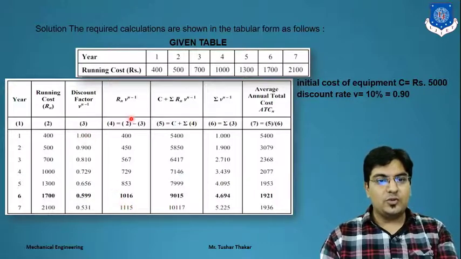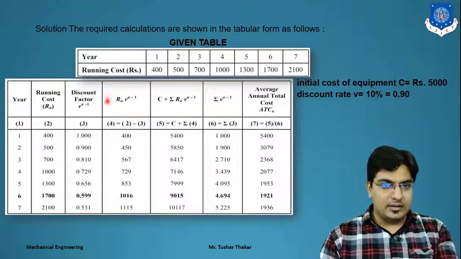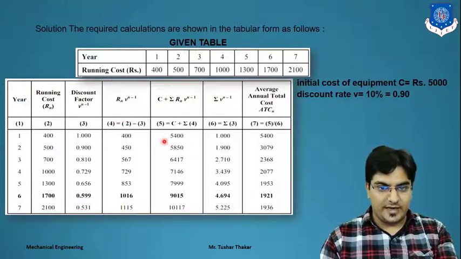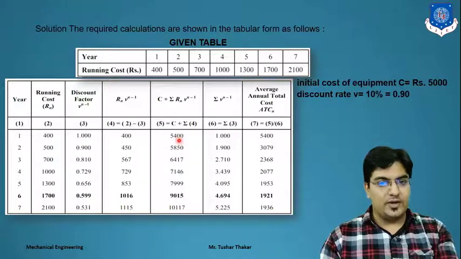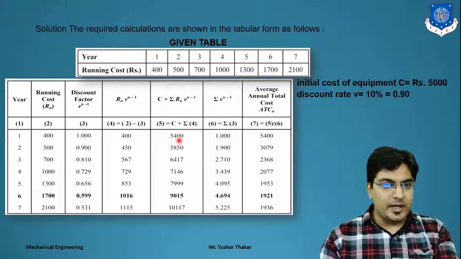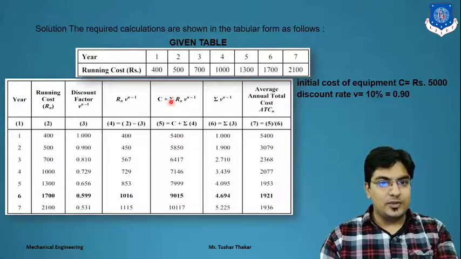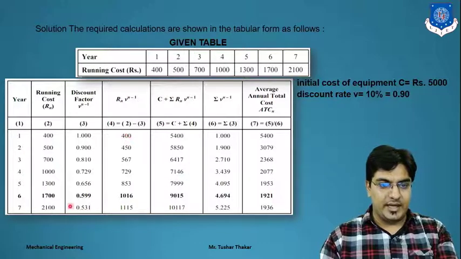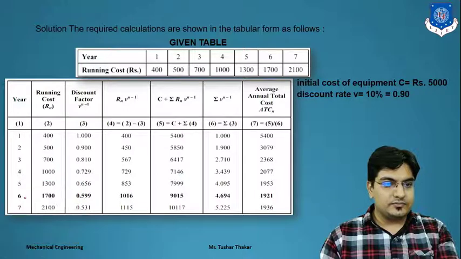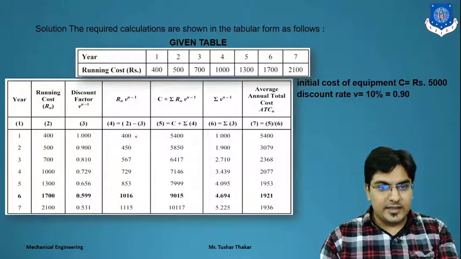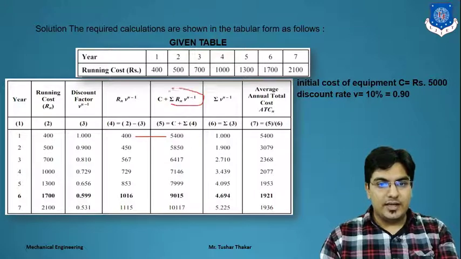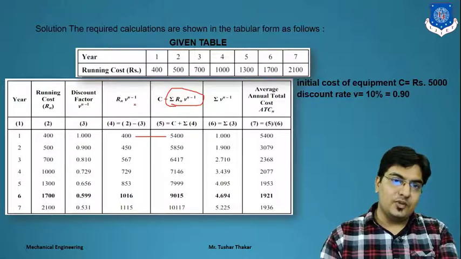Now we have to add the cost of equipment into this column. But additionally we have to take the cumulative of this column, that is the cumulative of Rn into V raised to n minus 1.